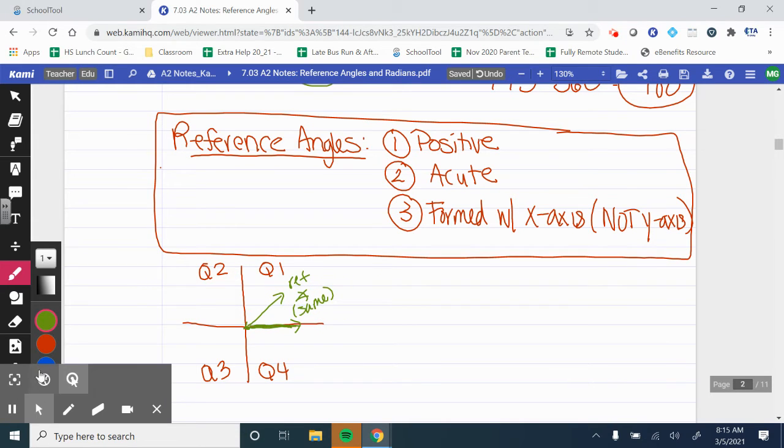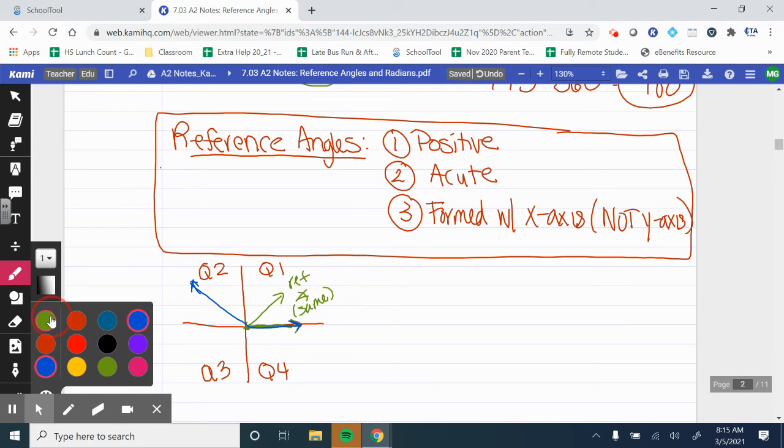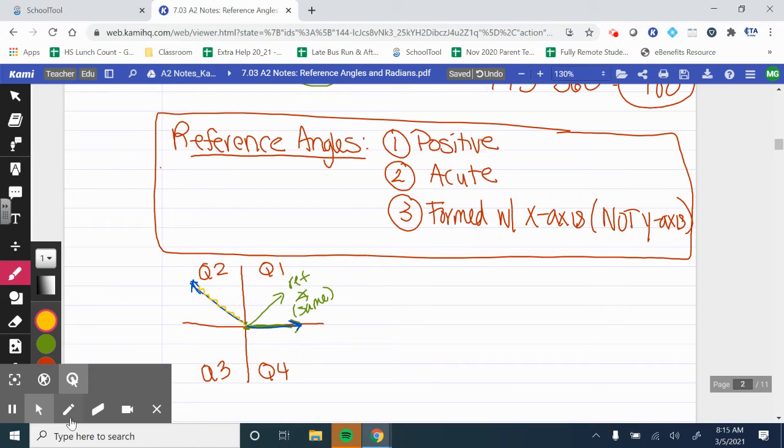If you're in quadrant 2, then, so if your initial angle starts here and goes to here, your reference angle is always formed with the x-axis that's closest to it. So I always say darken your, or squiggle out if you don't have another color, your terminal side, and then find the part of the x-axis closest to that squiggle.